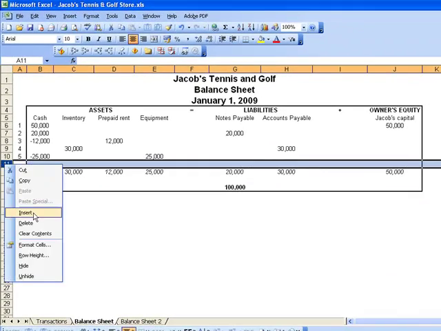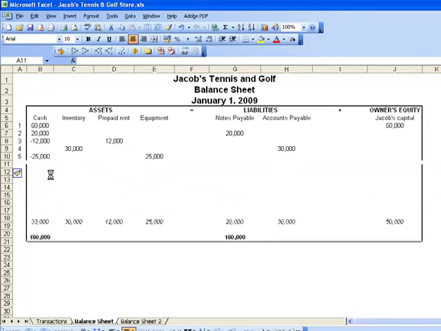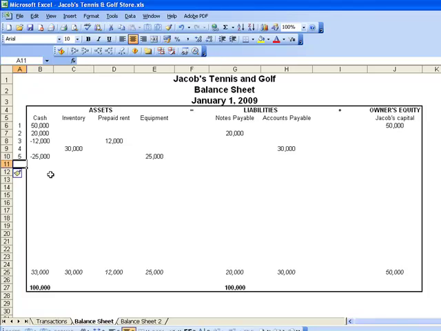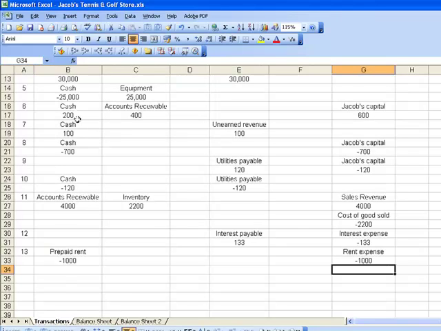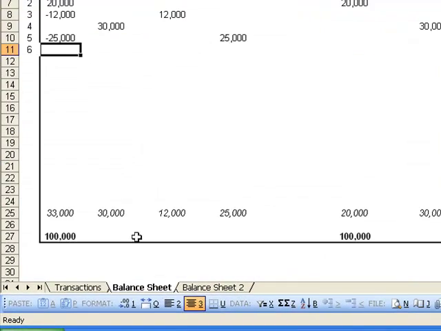So insert, and then we press F4 as a repetition. As you may see, we have added quite a lot of rows in here. So 6th transaction: an increase of cash by 200, an increase of accounts receivable of 400, and an increase in Jacob's capital. So cash increase 200.